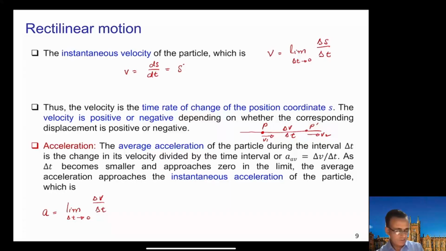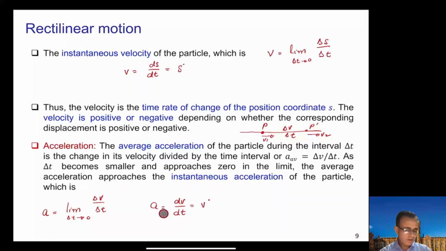Then this equation becomes a simple derivative, so a is equal to dv by dt. Similar to how ds by dt was s dot, dv by dt will be v dot.